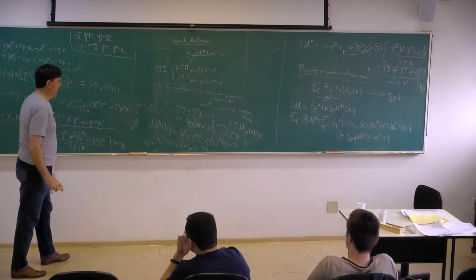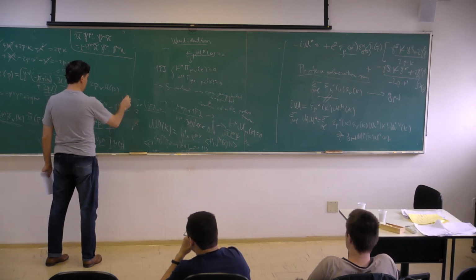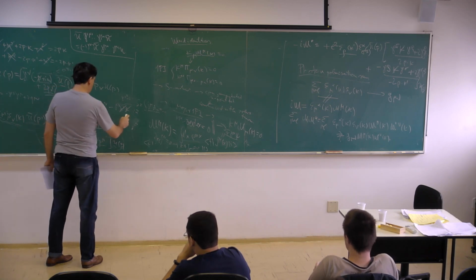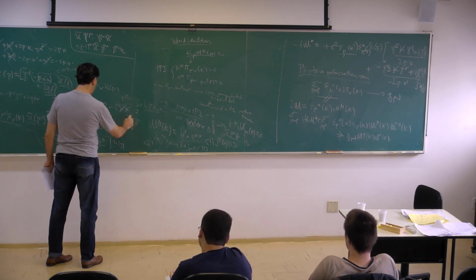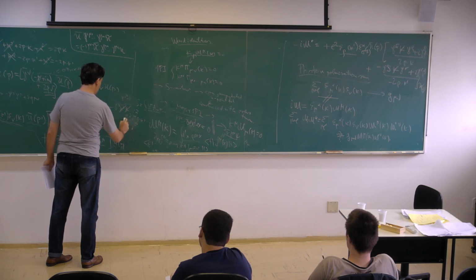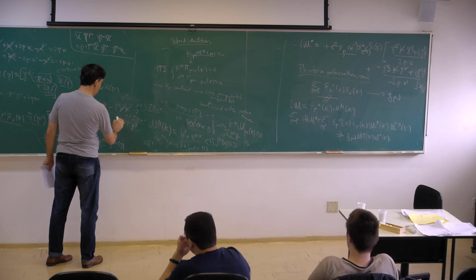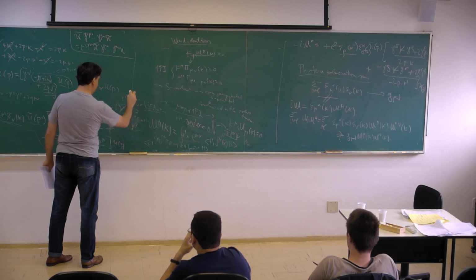That's the same as k'^2, which is equal to 0, plus 2γ^ν p·k', but then this is over minus 2 p·k'. So all of this second term reduces to minus γ^ν.